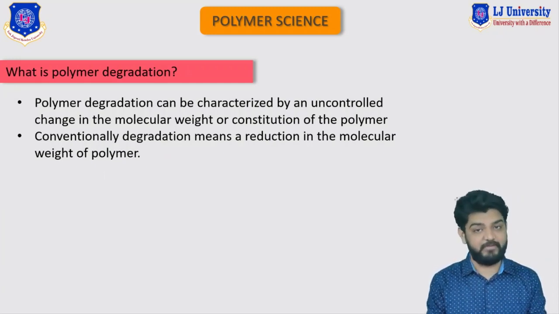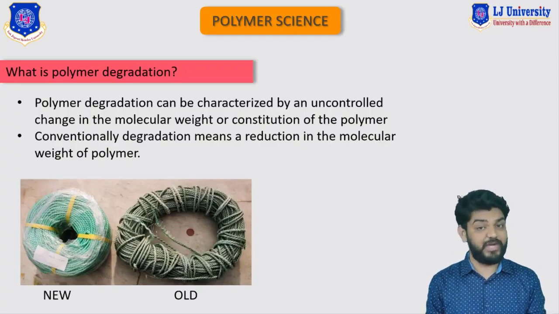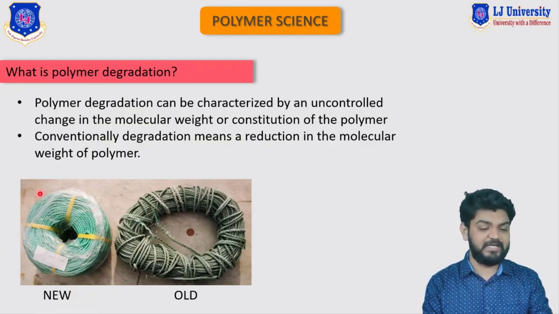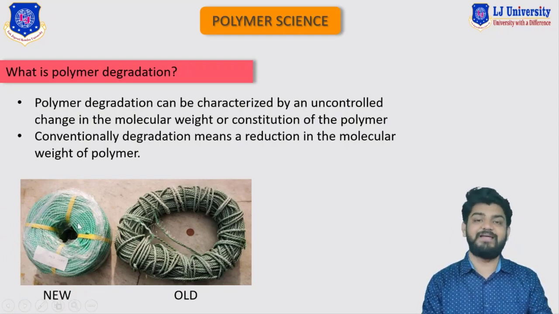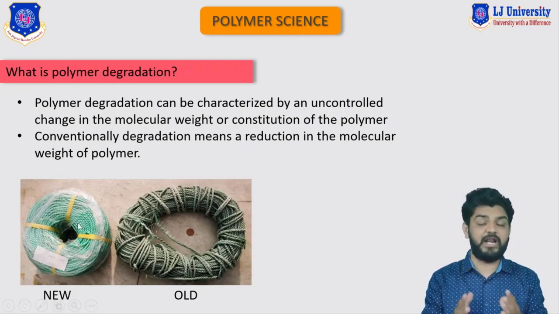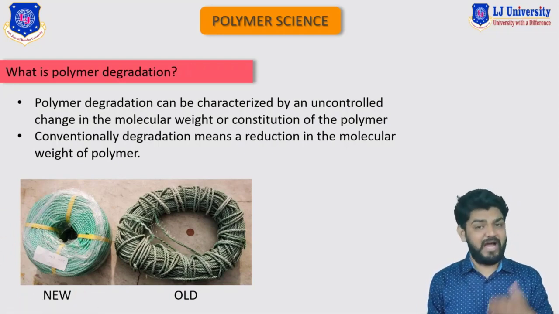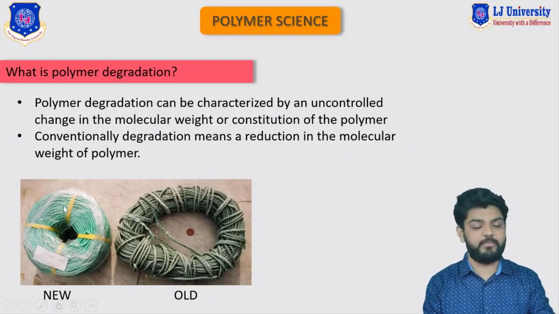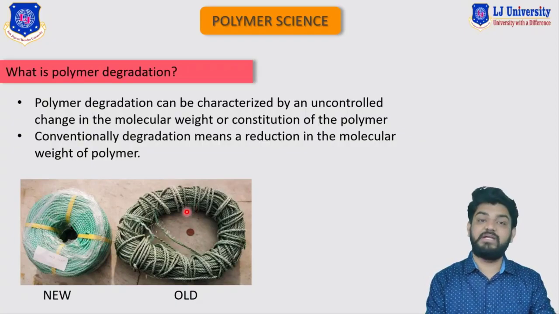Here in this image you can see a before and after image of a polymer. I have taken one rope that is newly purchased. As you can see, this rope has its own shape, its color and its strength. But after some time of use, this polymer rope is now degraded.